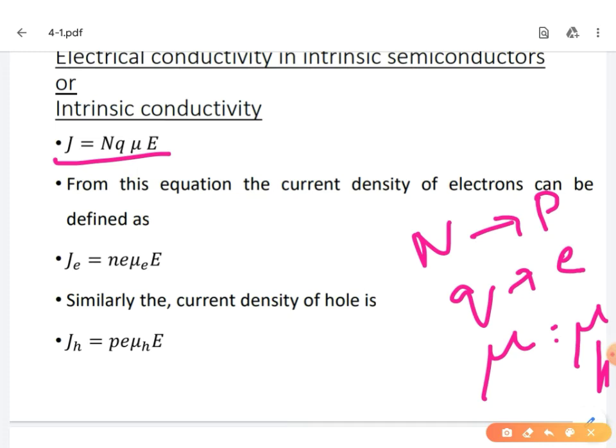Because the mobility of the hole and the applied field direction are both in the same direction, so that's why we are taking a positive sign. By substituting all these parameters n, q and mu, we got the final expression, which is the expression for current density due to holes.